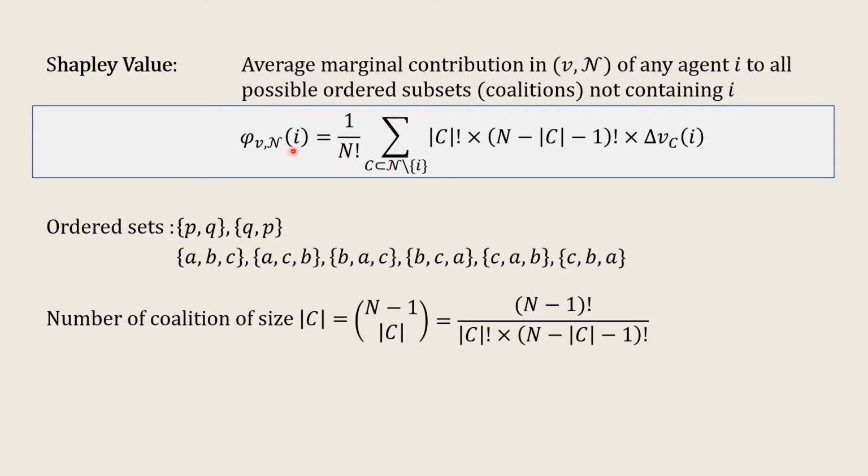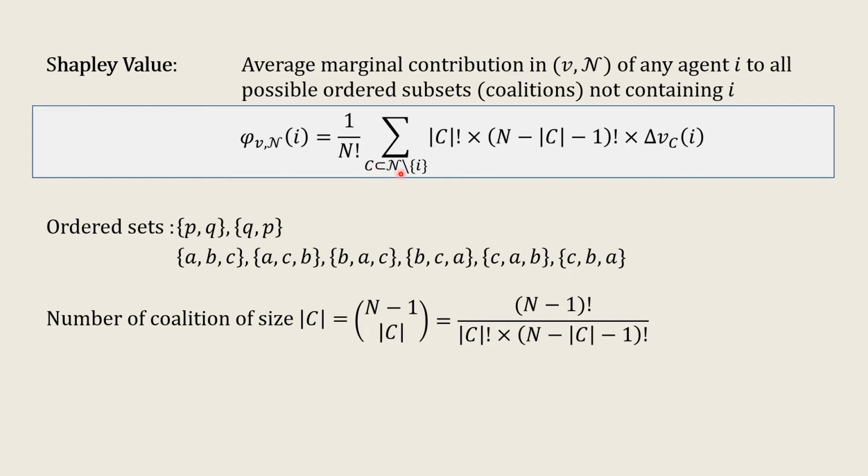So the Shapley value of agent i is the average marginal contribution. The marginal contribution of agent i to any coalition C is delta V(C, i). This is the average marginal contribution. Now we are applying a weight when we're doing this averaging.